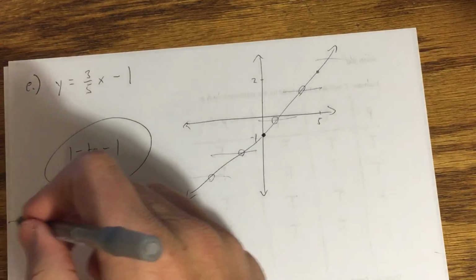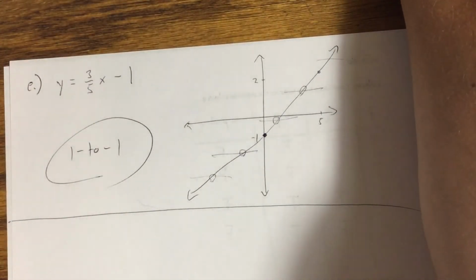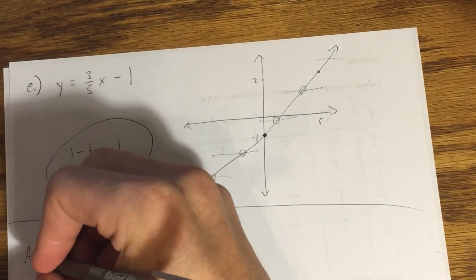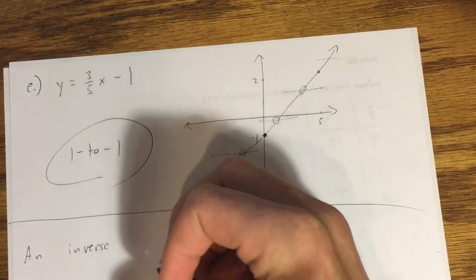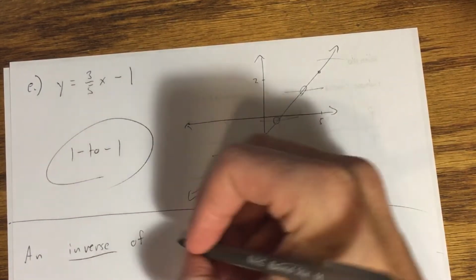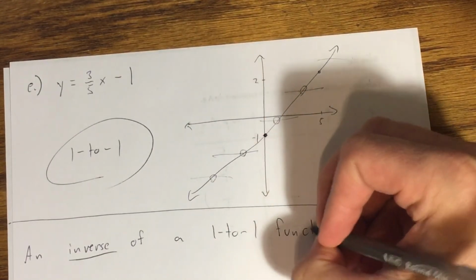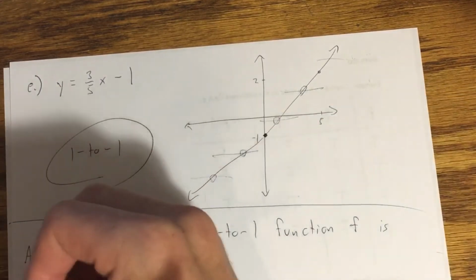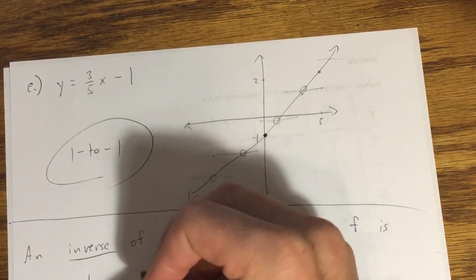One-to-one functions are the types of functions that have inverses. And what is an inverse? So an inverse of a one-to-one function, f, is a function that we denote this way.